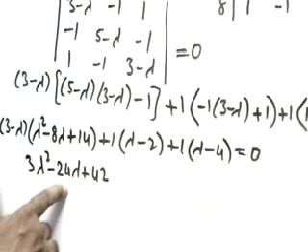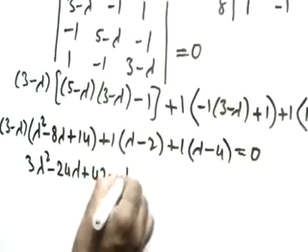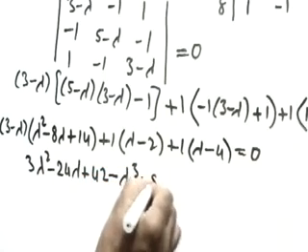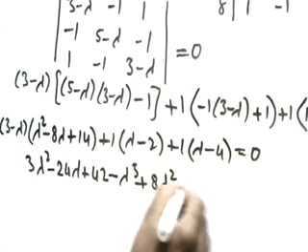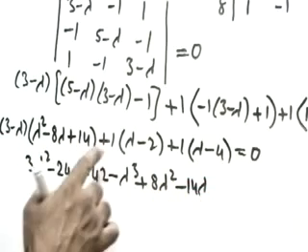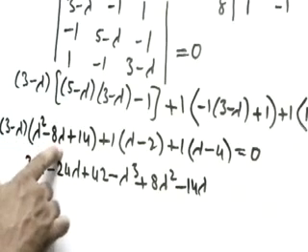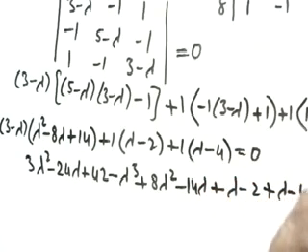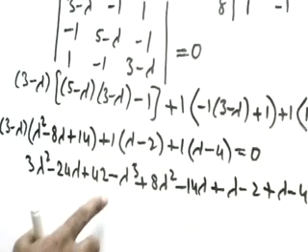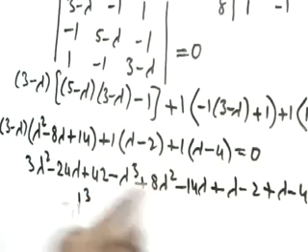3 lambda square, 3 8 is 24 lambda plus 3 14 is 42, minus into plus minus lambda cube, minus into minus plus 8 lambda square, minus into plus minus 14 lambda, then here minus lambda cube minus 1 plus 8 lambda square minus 14 lambda plus lambda minus 2 plus lambda minus 4 equals to 0. Now the first step is minus lambda cube.